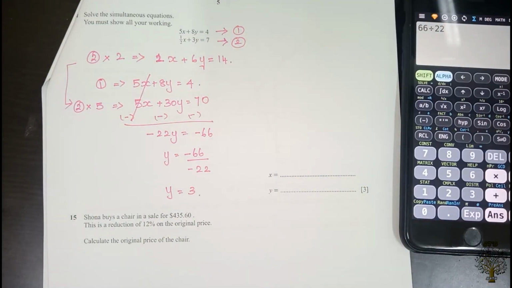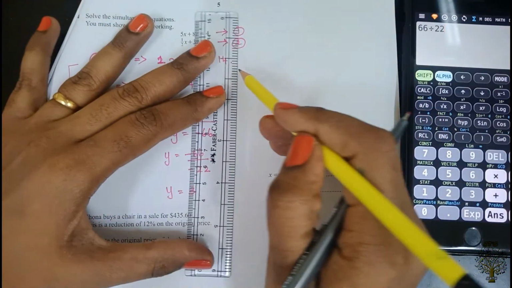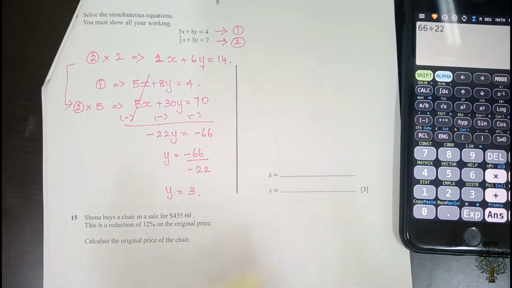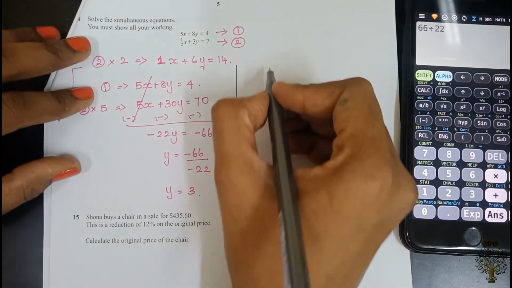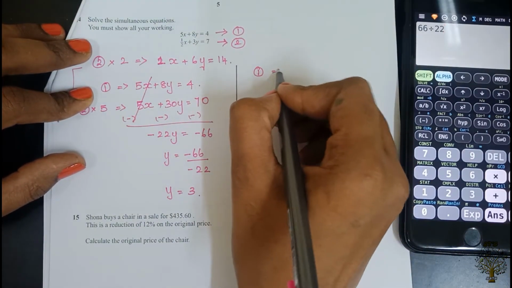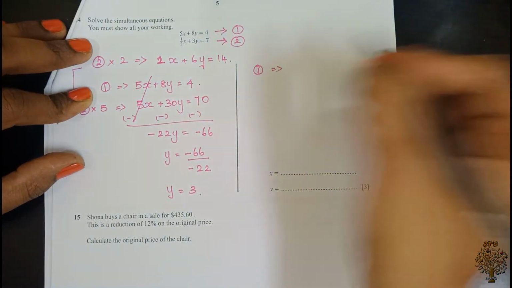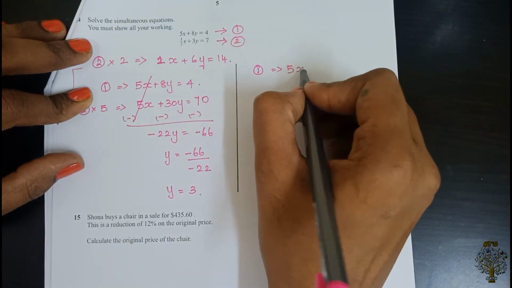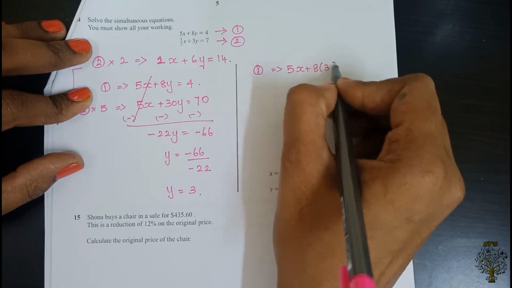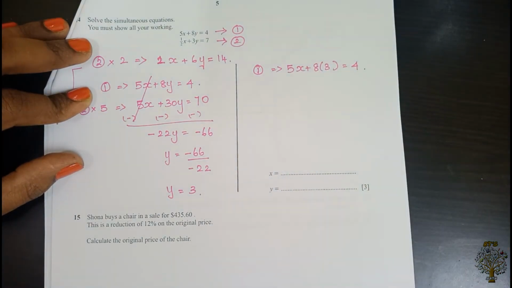Now we have to find what is x. You can substitute in 1 to find what is x. Substituting in 1, that gives me 5x plus 8 multiplied with 3 is equal to 4.